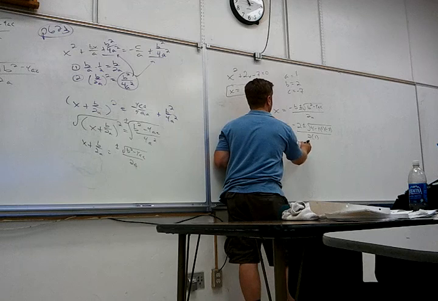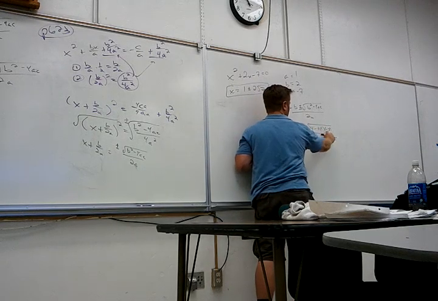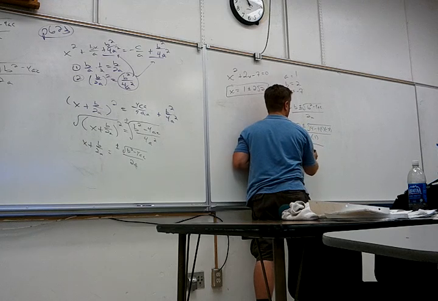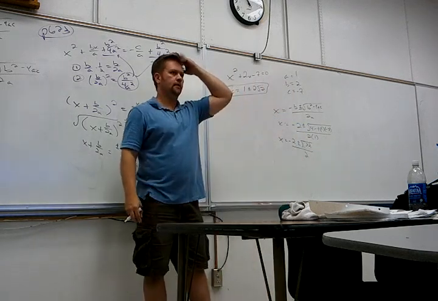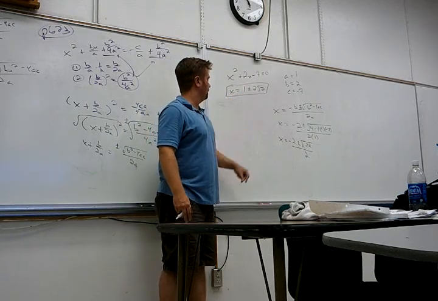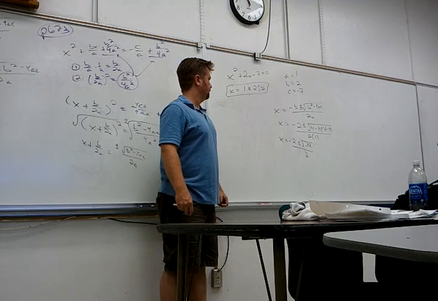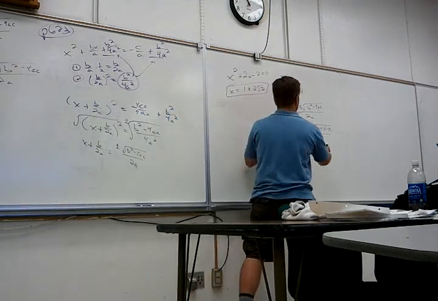What do you get inside the radical there? 32. Yeah, 4 plus 28 is 32. Why am I not quite done there yet? Because you can work with the 32. Yeah, you can work with the 32. 16 times 2.